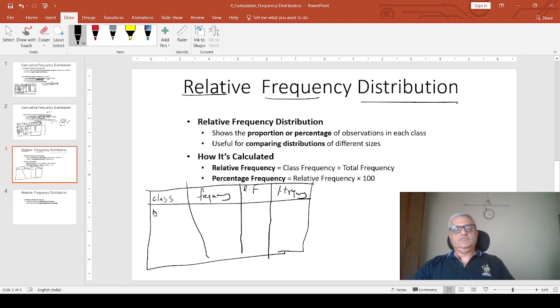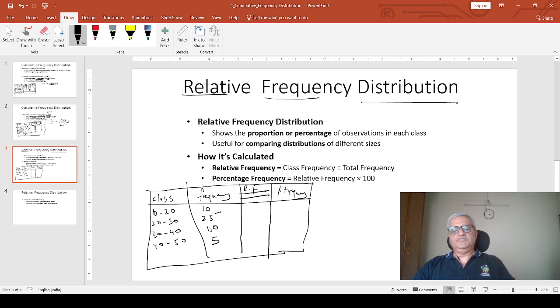So let's give 10 to 20, 20 to 30, 30 to 40, 40 to 50. Frequencies are 10, 25, 10, and 5.